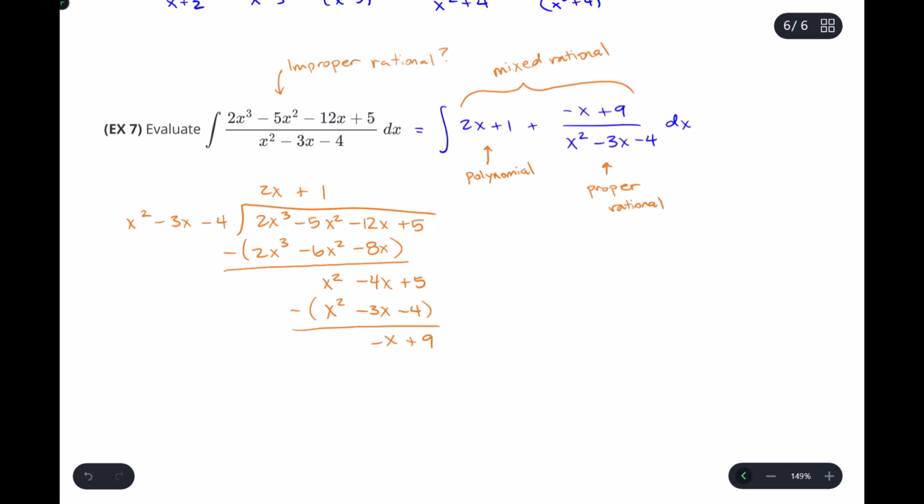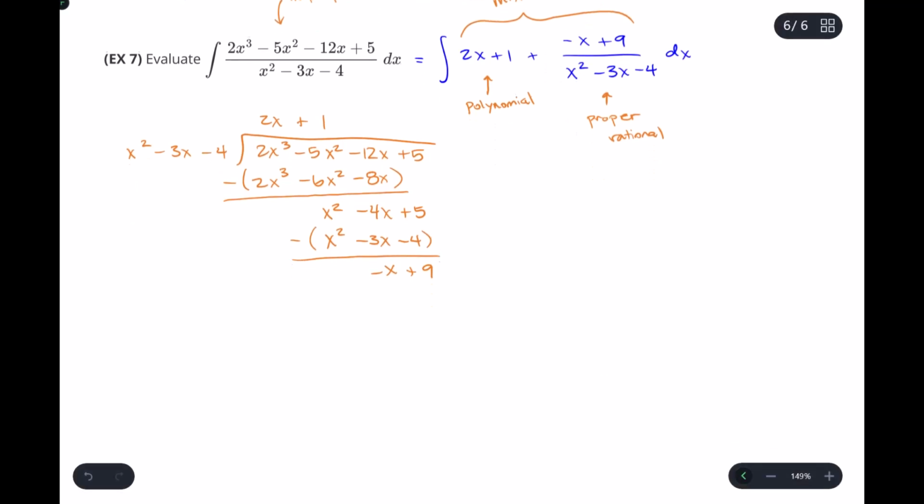Okay, now the nice thing about that is the polynomial, if we needed to integrate it, we could just do that very easily. In fact, it would be x squared plus x. Very simple, just use the power rule. Now, if we wanted to integrate this part, well, now here's where you can see the process of partial fraction decomposition coming into play, because this actually does need to be decomposed.